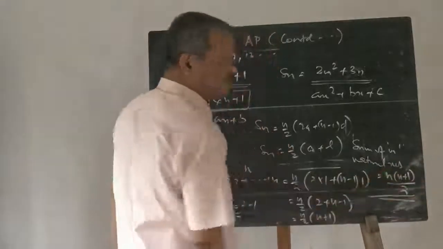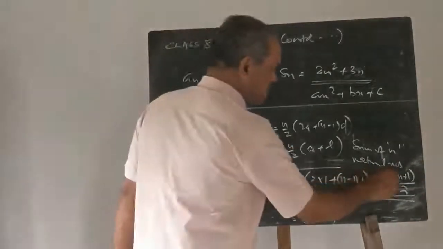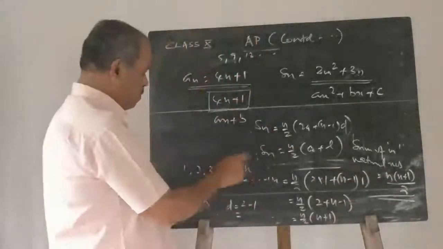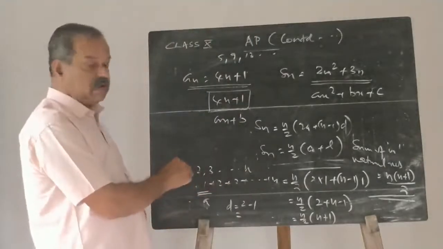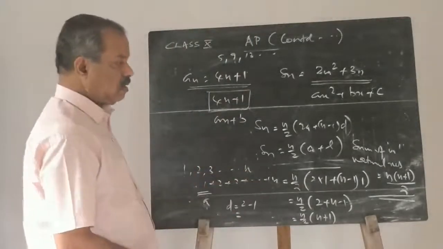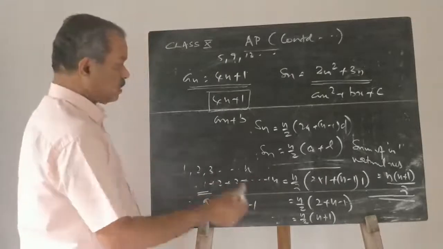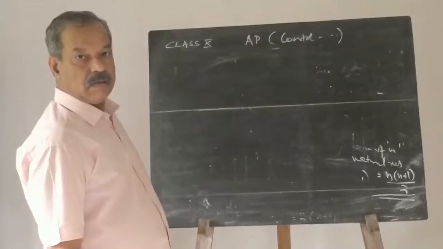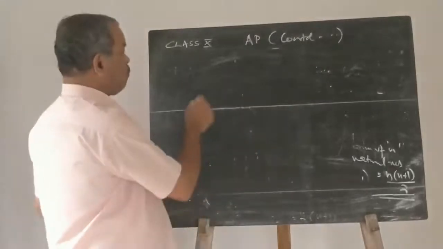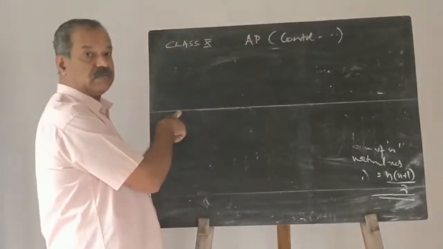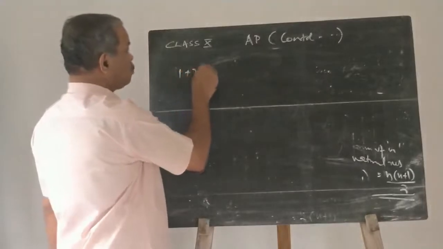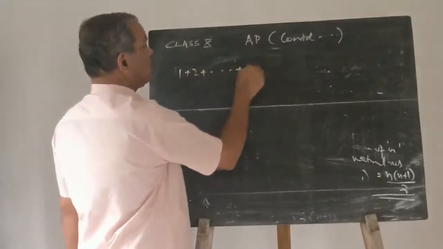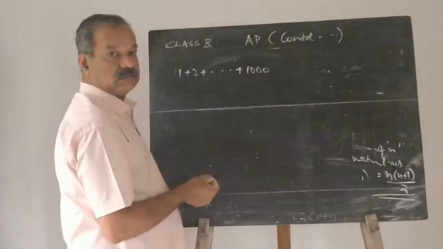Or n into (n plus 1) by 2. Here n is the last natural number, and 1 is the first number. That is n into (n plus 1) by 2. For example, what is the sum of the first 1000 natural numbers? That is 1 plus 2 plus etc. plus 1000.